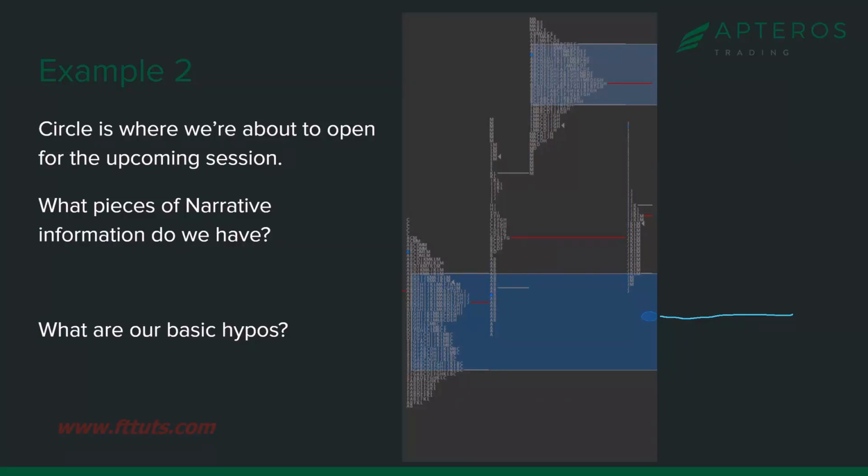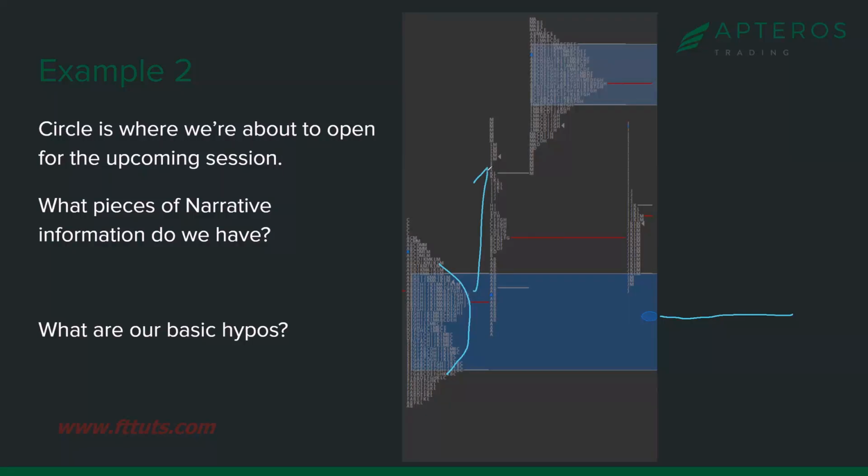Failed break, return to balance, balanced until proven otherwise. If break from CVA, look for breakout pullback. Likely to be choppy opening in the center of value, just returns back into prior value. Okay, so we're starting to get some pretty good answers across the group here. I think what a lot of people are seeing is, look, we had a multi-day balance.